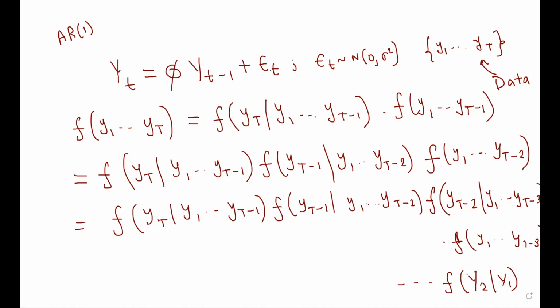Now, keeping this in mind, let's see how this likelihood function will end up looking. Remember, your epsilons are normal random variables with mean 0 and variance sigma square. So remember this expression, and now let's see how we can do this. This is our stochastic process, remember: yt equals phi yt minus 1 plus epsilon t.